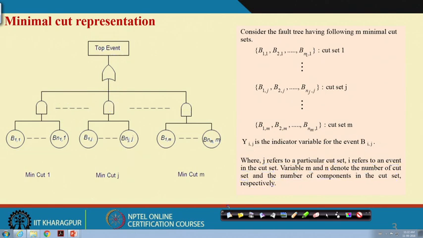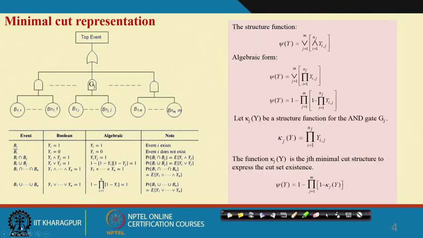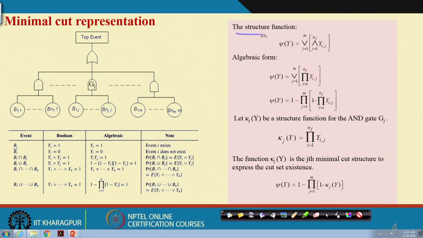Okay. So, now we have the fault tree with minimal cut sets and we have defined the notations. Now we want to see what the structure function will be for it. So, let us see the structure function for this fault tree.